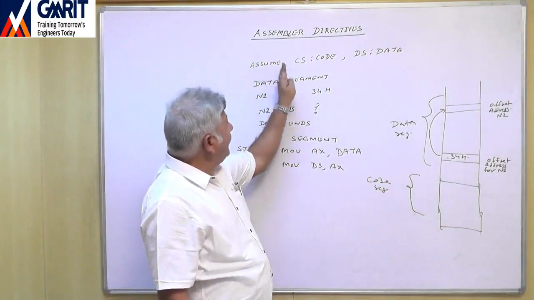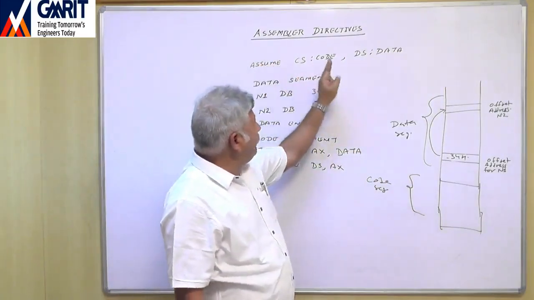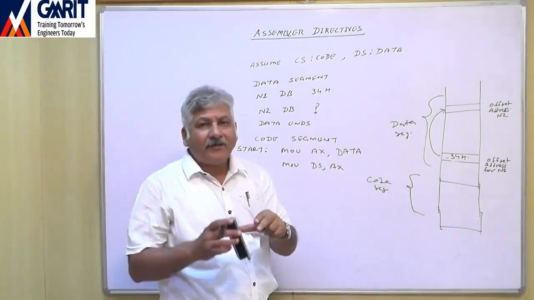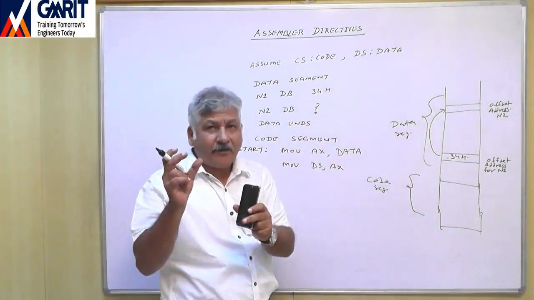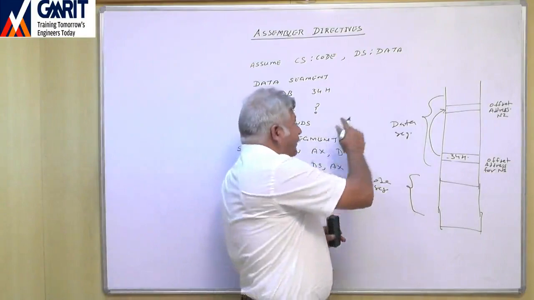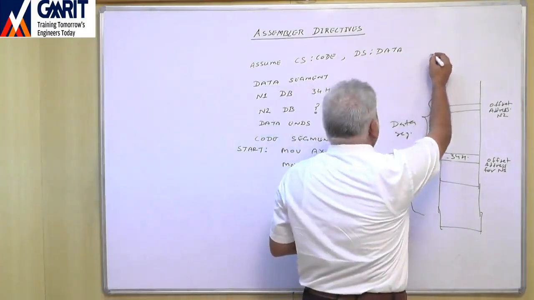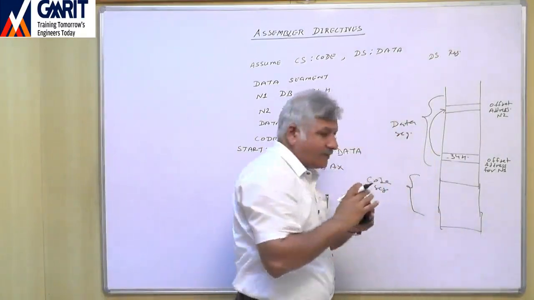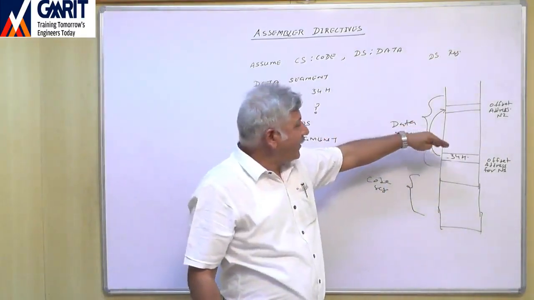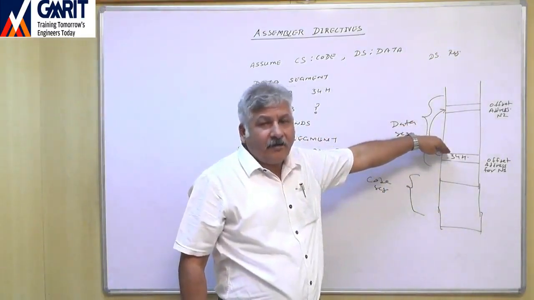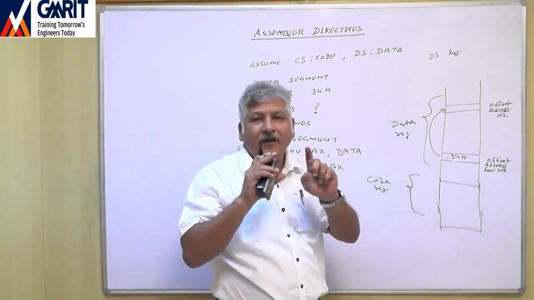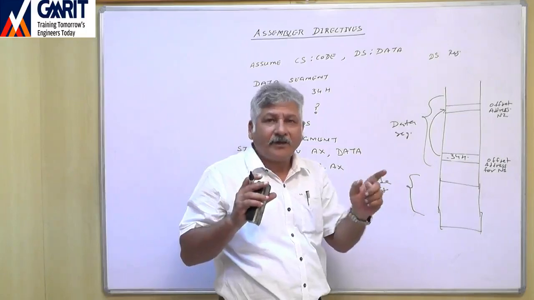Since we have already used the directive ASSUME DS, data, our assembler has assigned some 16-bit address to my data segment, to my DS register. That address has been defined by the assembler, and we have to load it in the data segment register.